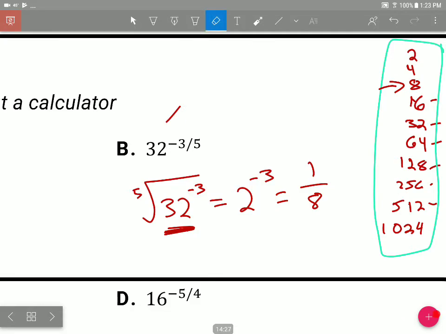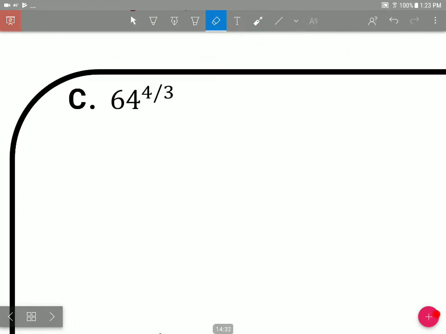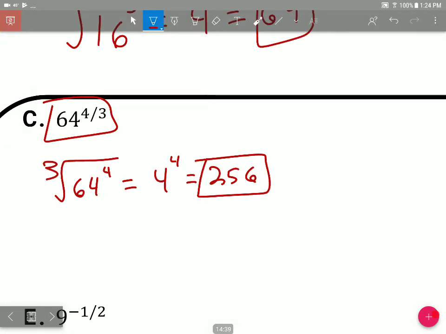Okay? So here we go. Let's see if you can do letter C. This one's positive. Do you understand how I got to here? Yeah. Cool. Do you understand that the third root of 64 is 4? Cool. So the only thing beyond there is that you just got to do 4 to the fourth power, which if you don't know that one, that's fine.